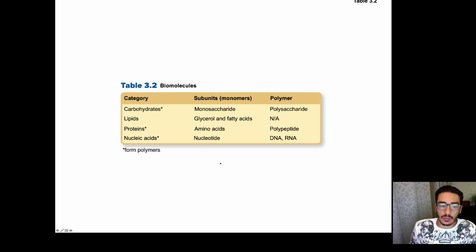We're gonna talk about carbohydrates, lipids, and proteins. We're not gonna talk about the nucleic acids. Carbohydrates are gonna be divided into monosaccharides and polysaccharides. I'm gonna explain things about lipids, and proteins are divided into amino acids, polypeptides, and just peptides.